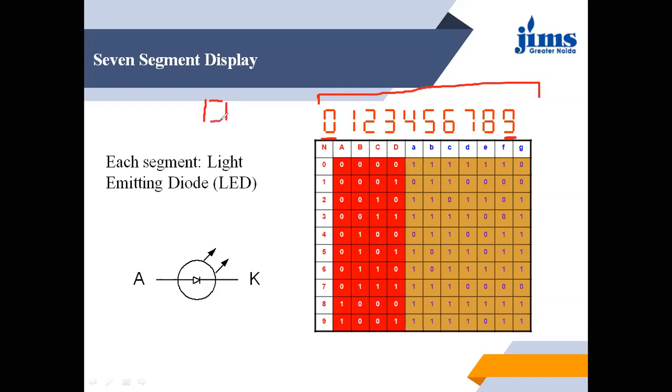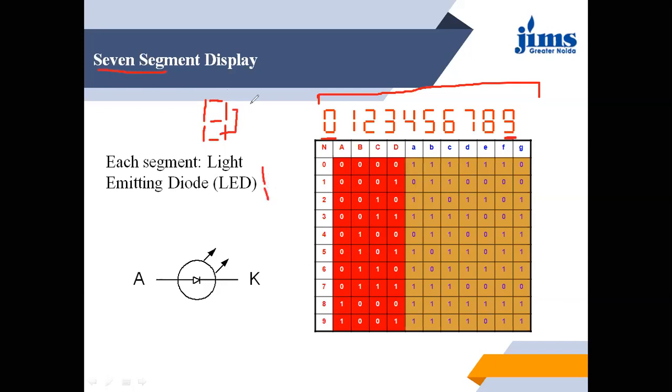This display is like this, meaning there are different LEDs. So these are 1, 2, 3, 4, 5, 6 and 7. So there are 7 different LEDs. This is called a 7-segment display. When we have to make a 1, we only have to draw these two. So this will be 1.